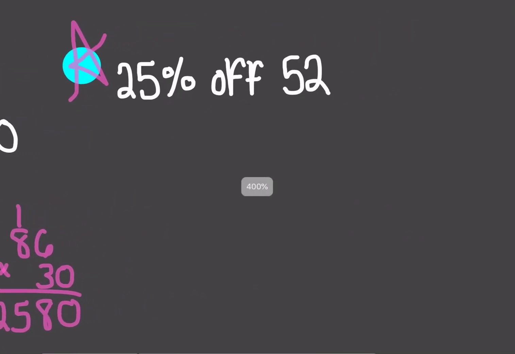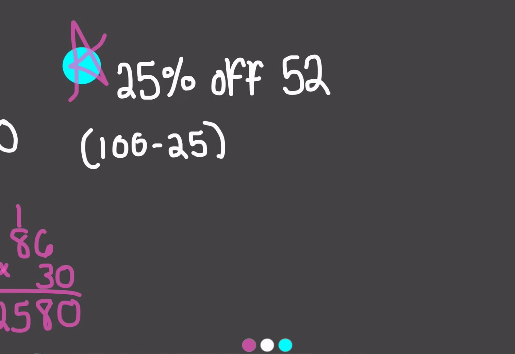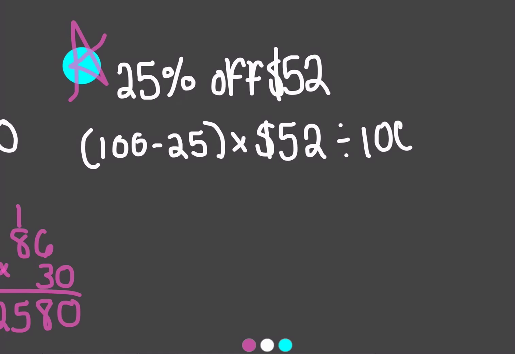Now this is the most difficult problem, although my steps aren't changing. 100 minus the percent that's getting taken off times the original price divided by 100. So 100 minus 25 is 75.